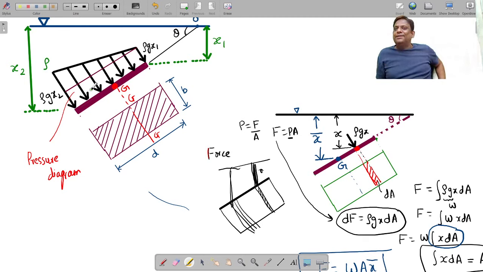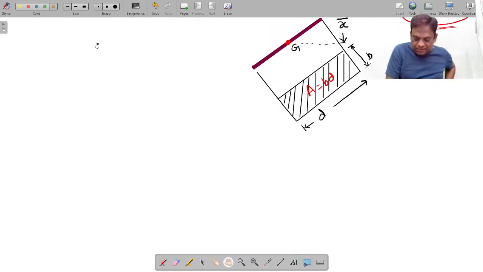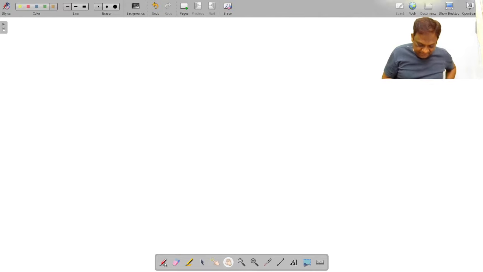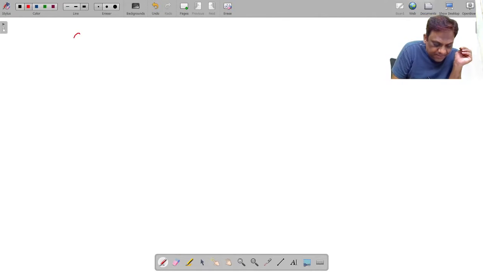Now we have to calculate. My second point is the point of application of force. This is very, very important. So I write center of pressure.